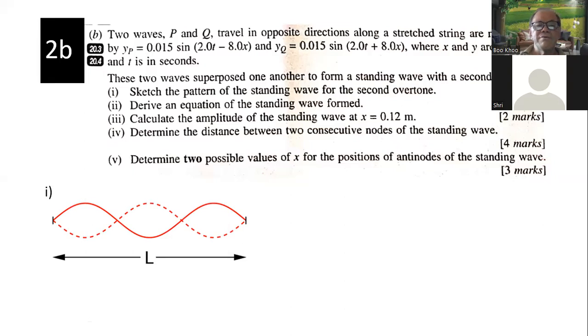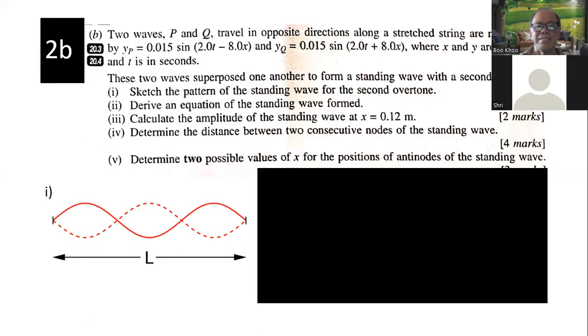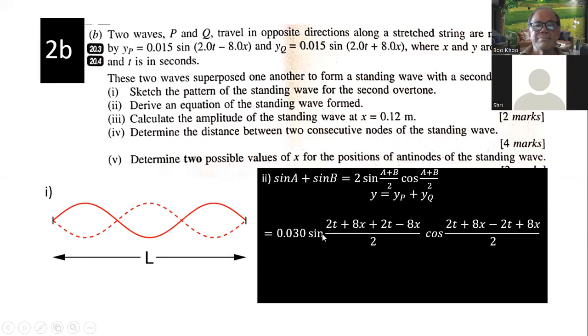Derive an equation for the standing waveform. That one no choice, I have to use your maths idea. That is the equation you want, the maths you have to remember. So add these two together. The 2 is here, and that is your amplitude.